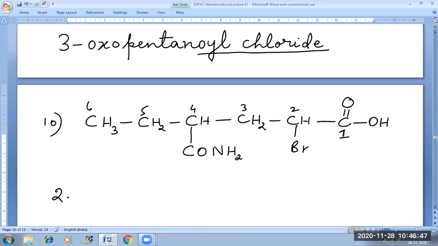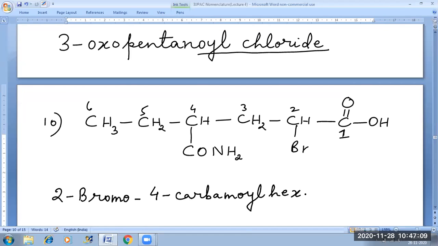So the name will be 2-bromo. At position 4, we will put the prefix of CONH2. Oil and hex 6, so hexanoic.